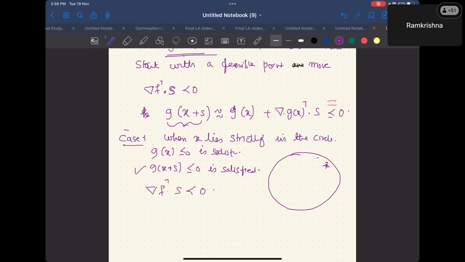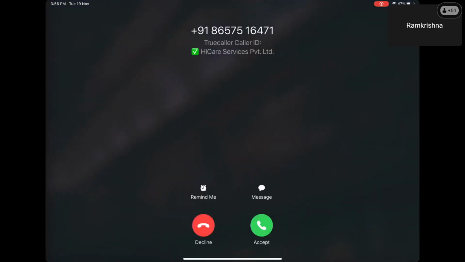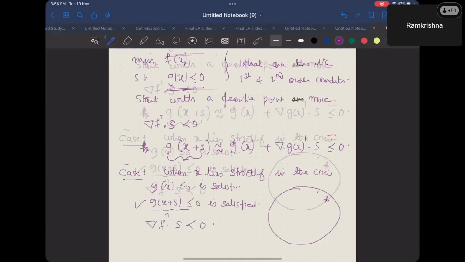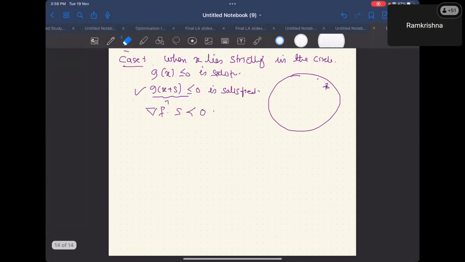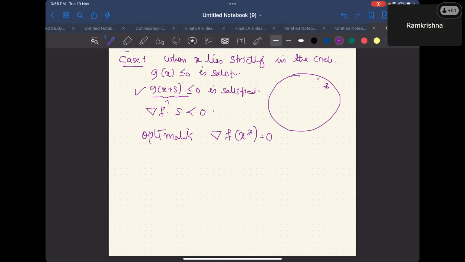This constraint set is no longer, and I'll use this word later also, active. Then my optimality only reduces now to finding gradient of f at x star equal to 0.